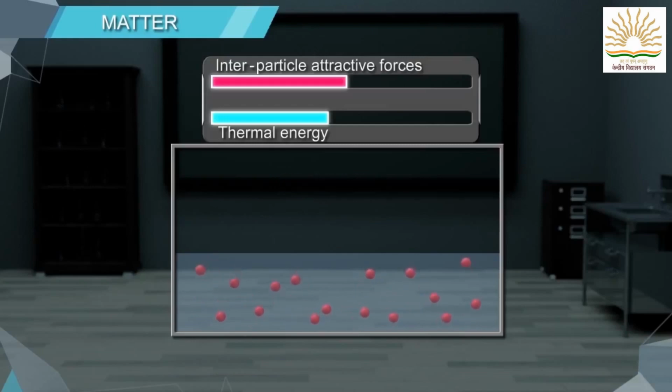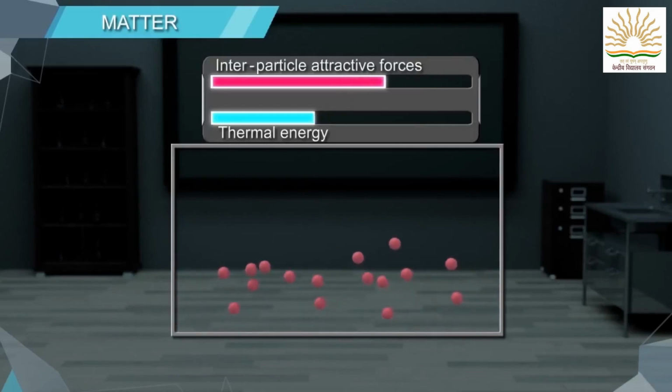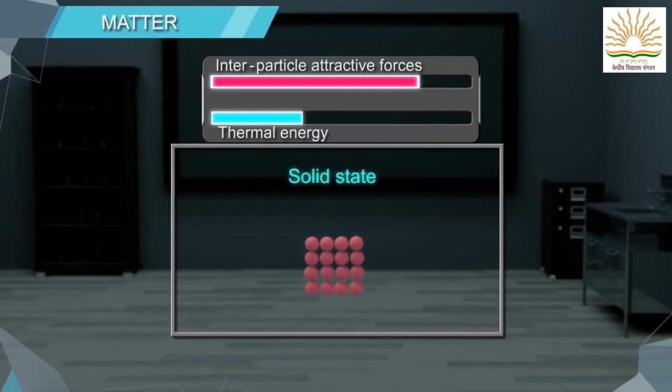At low temperature, the thermal energy is low and intermolecular forces are so strong that the particles come closer and cling to one another, and hence they occupy fixed positions but can only oscillate about their mean positions. Substance here will be in the solid state.